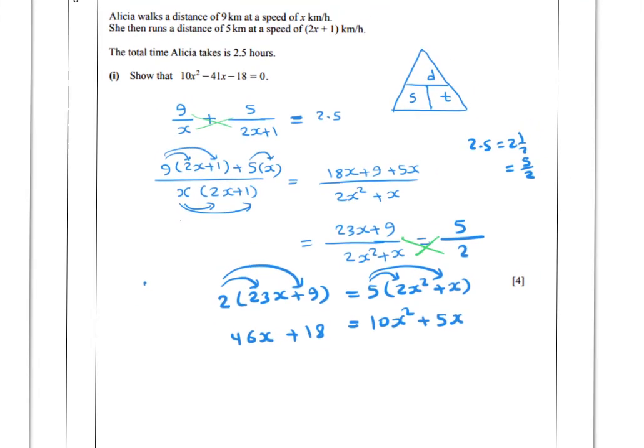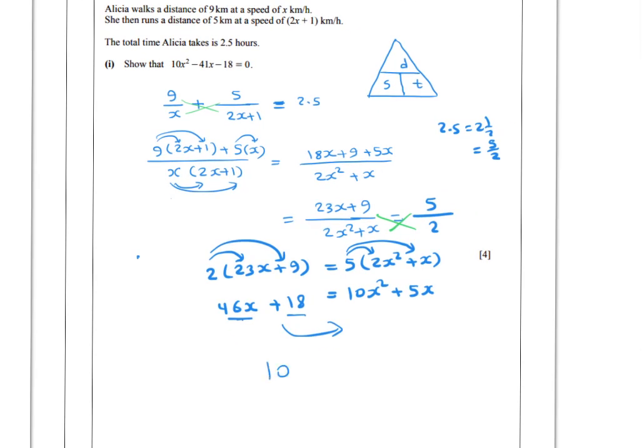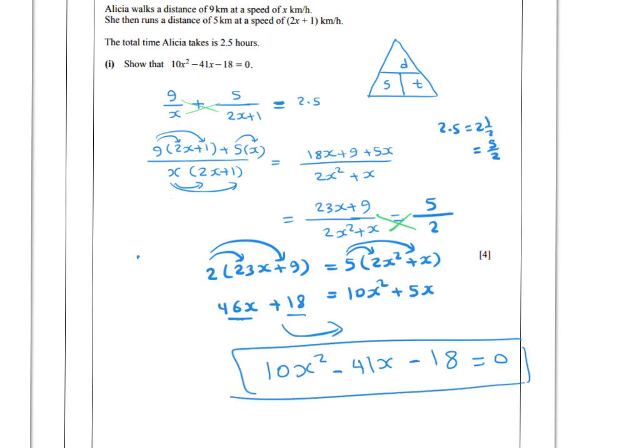So you can transpose 46x and 18 to the other side by negative sign. So 10x squared, 5 minus 46, so minus 41x. Now 18 to the other side, so negative 18, this equals 0. And we prove that we can write this equation as a quadratic equation like that.